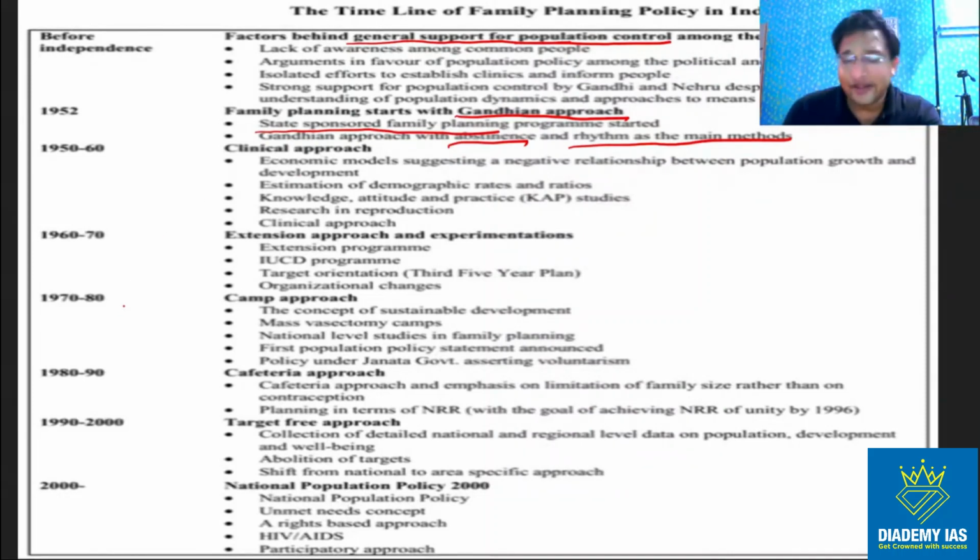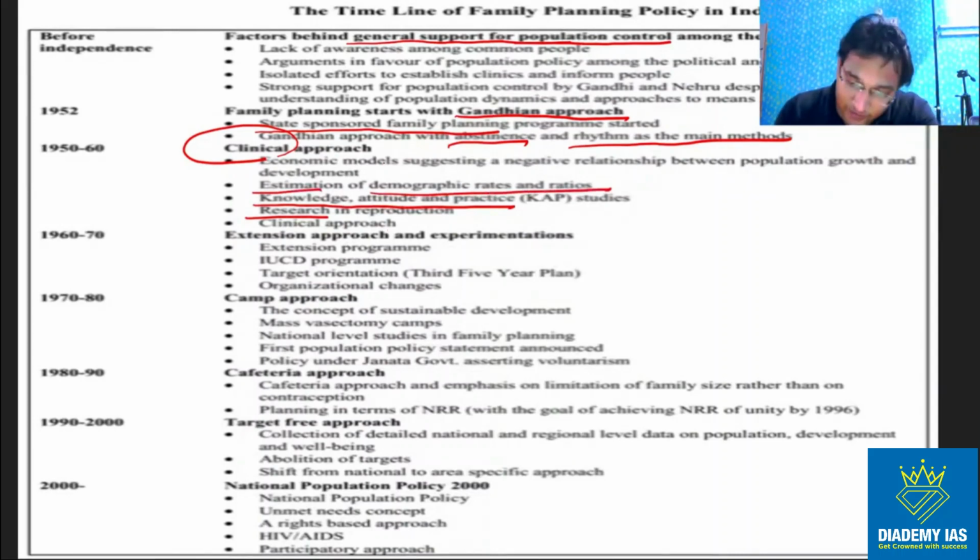In 1950 to 1960, we started focusing on the clinical approach. Clinical approach means we started thinking of researching in reproduction, of developing the knowledge, attitude, and practices for controlling the population, estimating the demographic rate and ratio, bringing more studies, and economic models suggested that a negative relationship will be there between population growth and development.